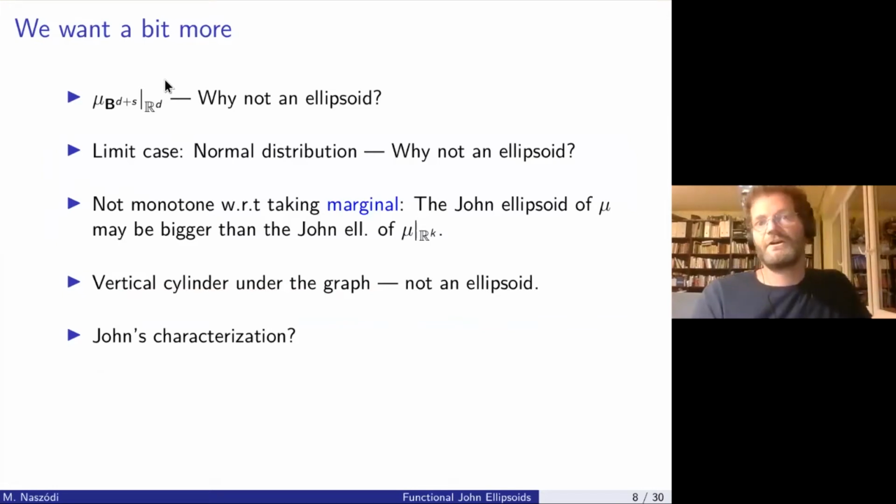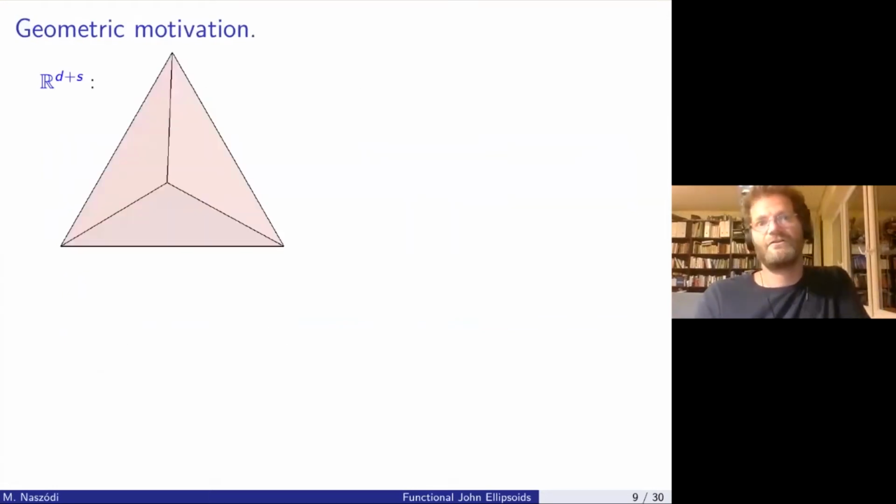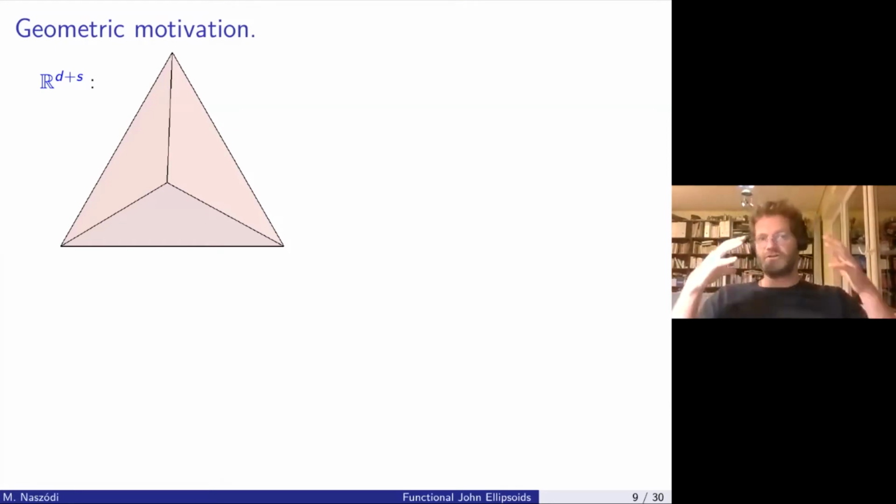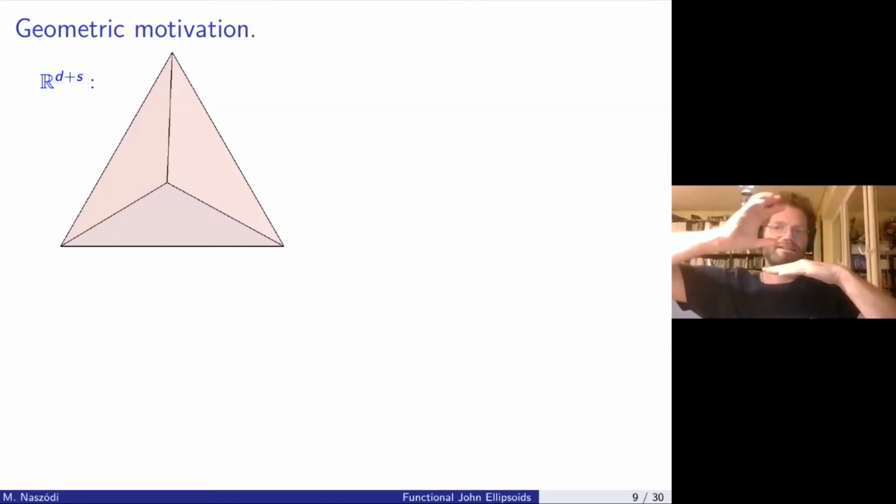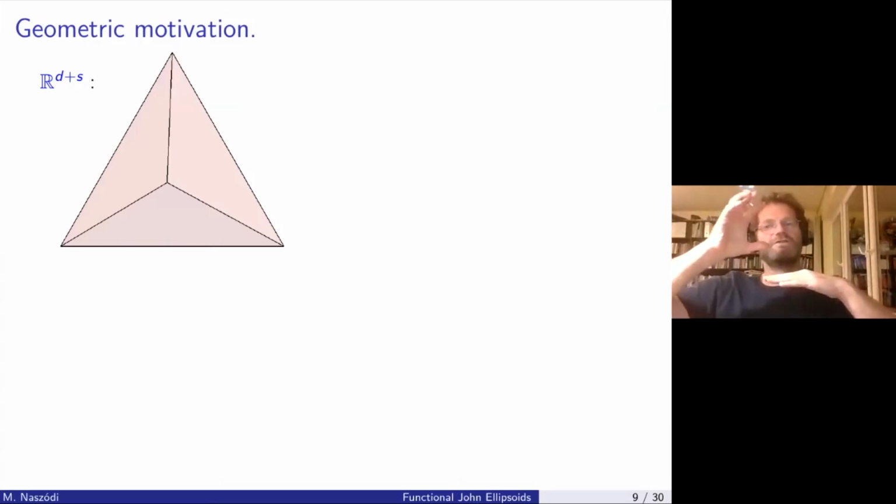We're going to give a different definition, but before I give the definition, let me give some geometric motivation. So again, we go back to this example over and over again: to obtain a log-concave measure on Rd, the easiest, the cheapest way to do it is to take a convex body in R^(d+S), where S is some positive integer, and take the marginal of the uniform distribution on this convex body.